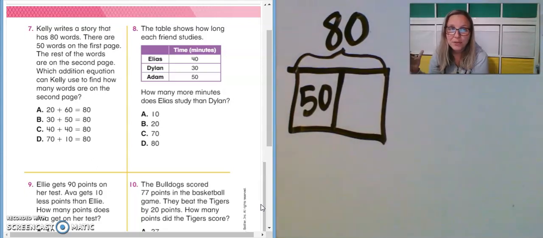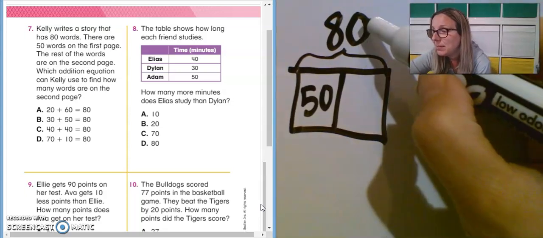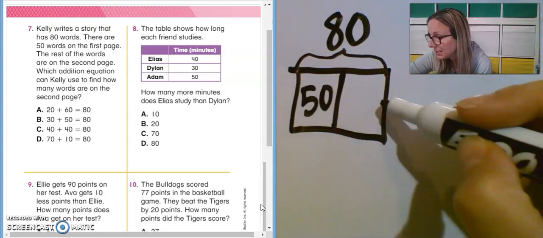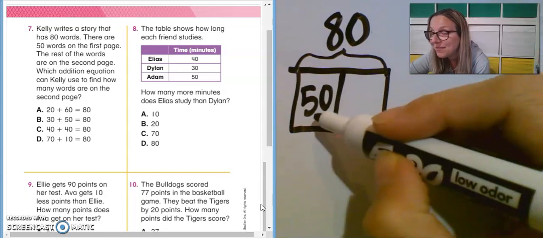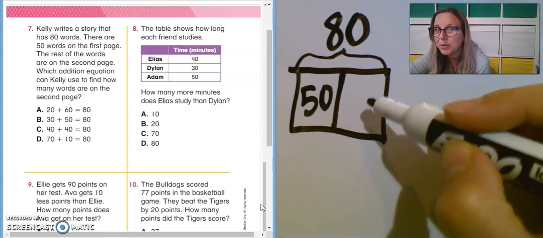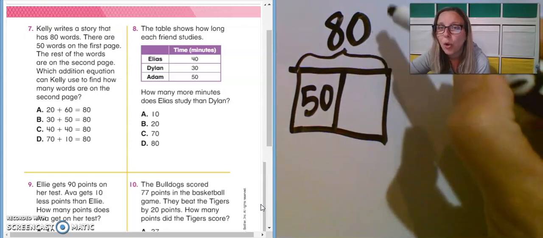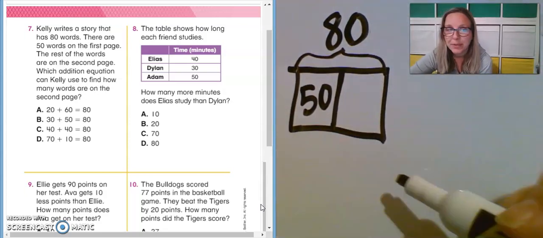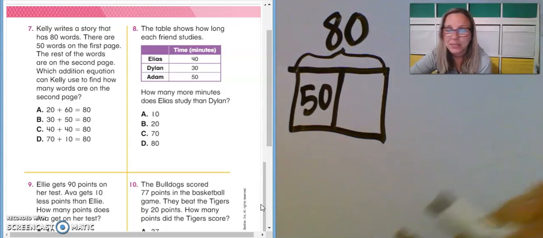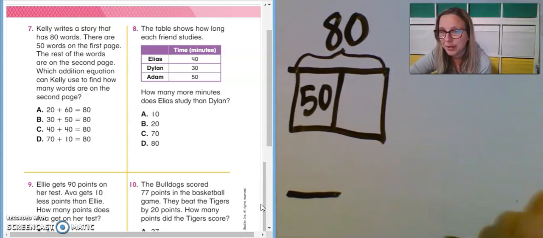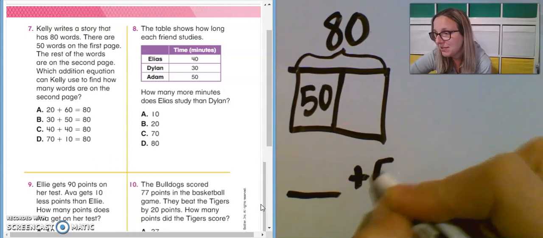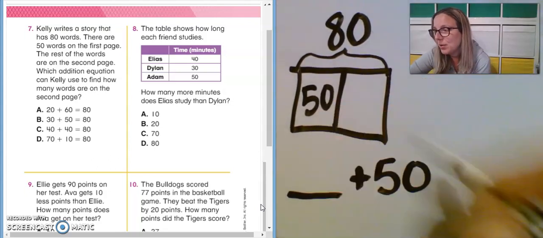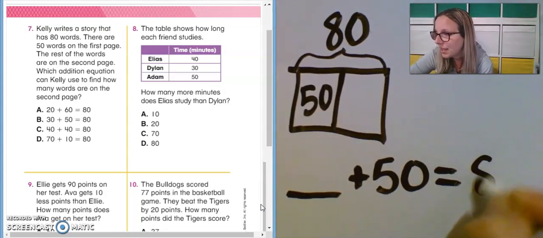So there's a few different ways we can figure this out. We could say, okay, 80 minus 50 would give me this number. Or we could say 50 plus what number would give us that whole of 80. So part, whole. So if I were to write this out, I would say what number, if I add it to the 50 words here, would equal 80.